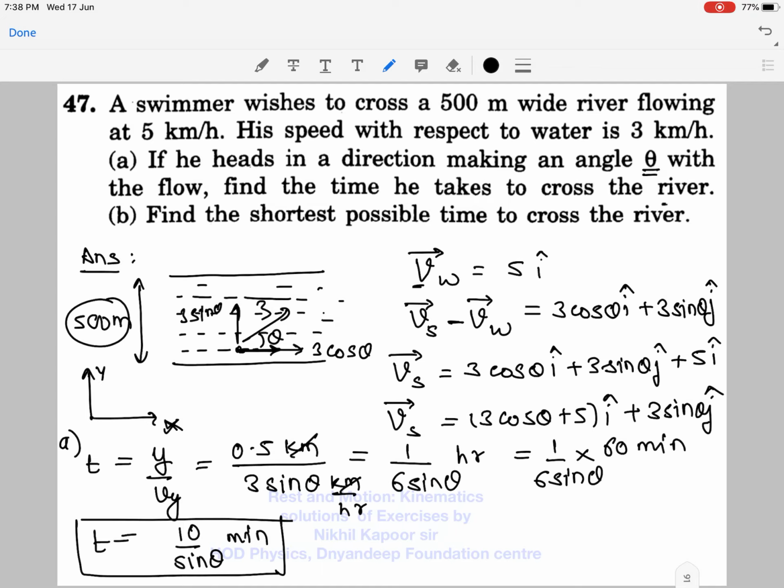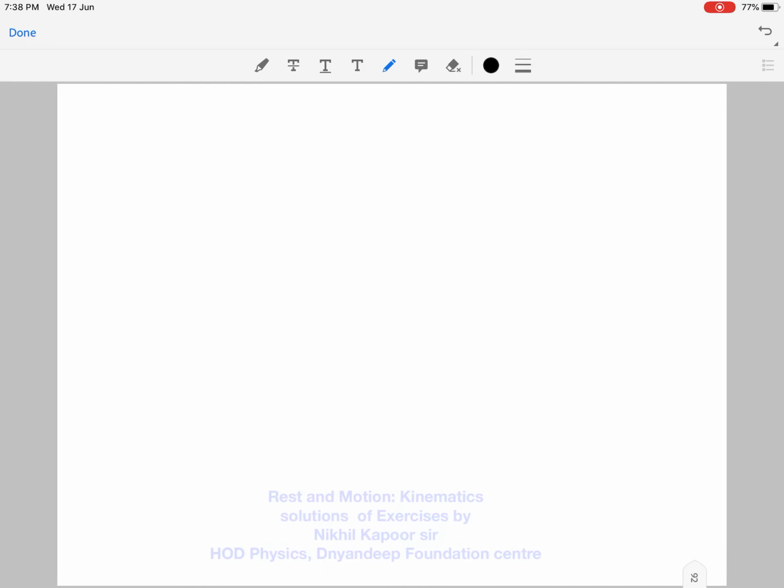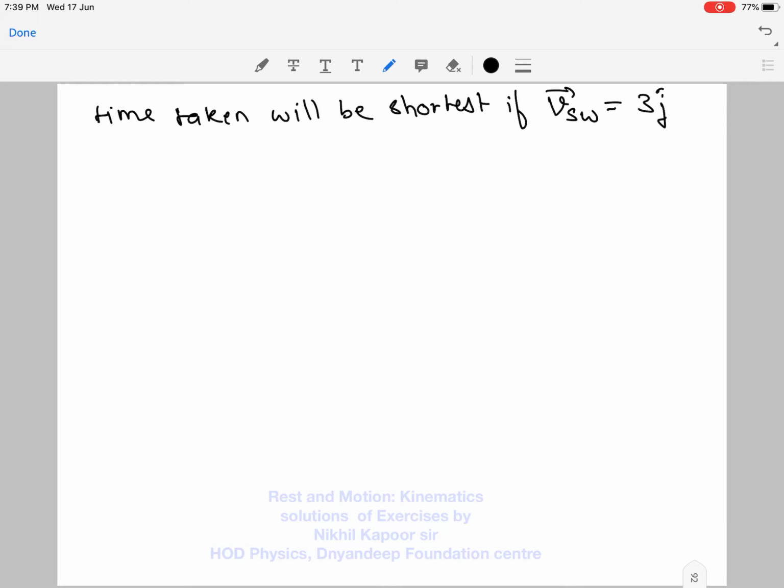Now for the second part, we need to find the shortest possible time to cross the river. So there are two cases. Time taken will be shortest if velocity of swimmer with respect to water is 3 j cap.